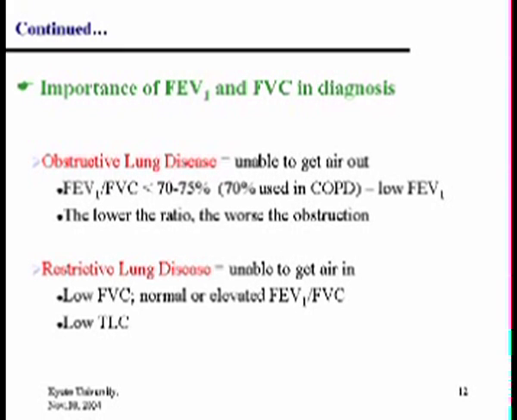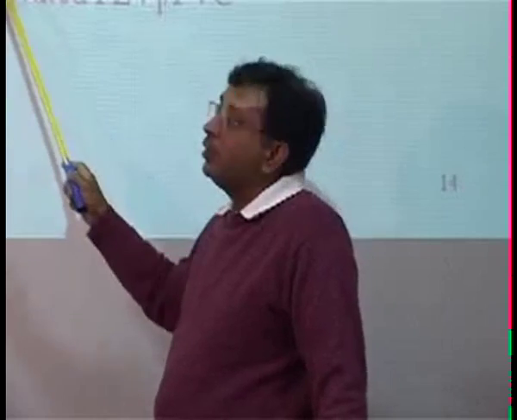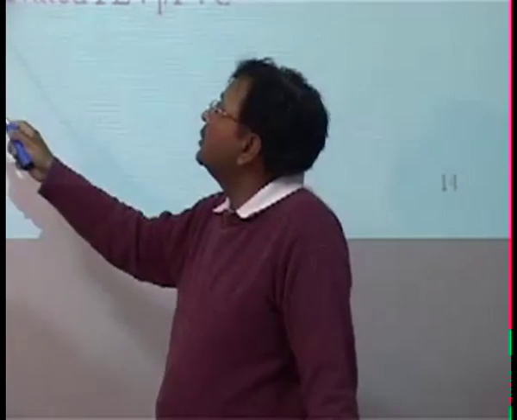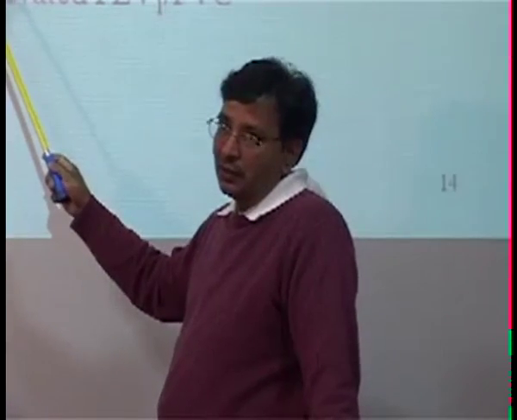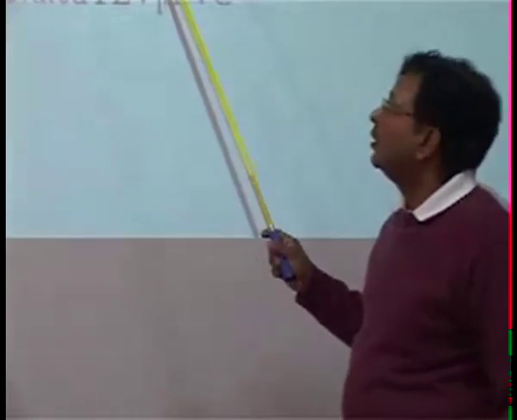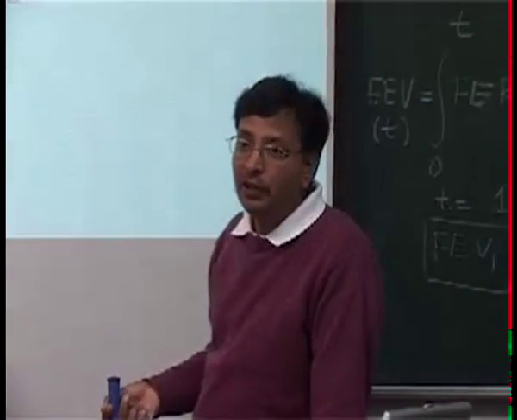The indicator for them is the ratio of FEV1 to FVC. Both are in what units? Volume, liters. So the ratio will be unitless. If this is less than 70%, which will be higher, FEV1 or FVC?